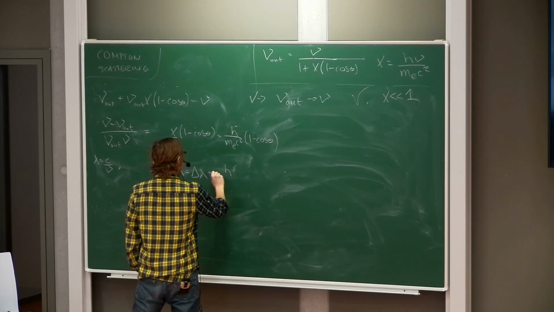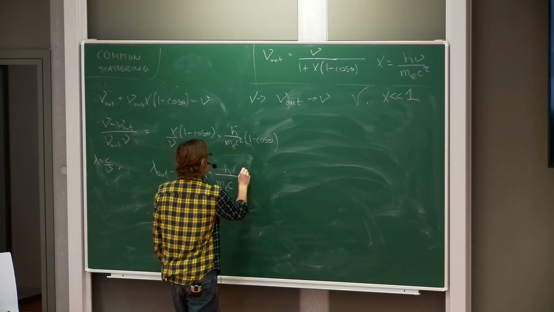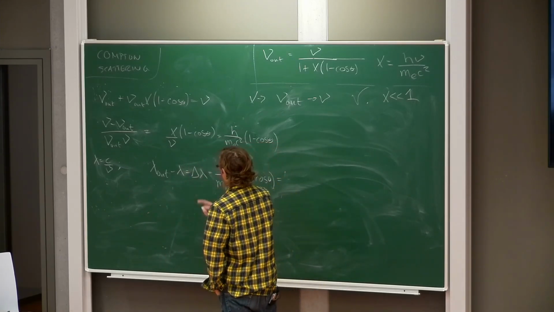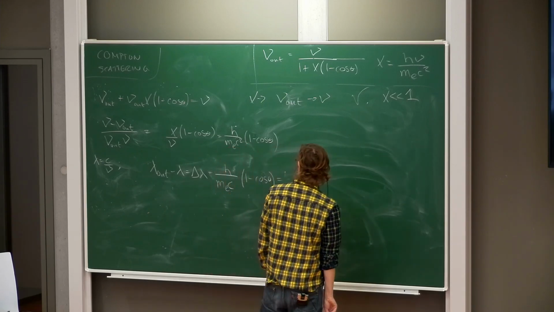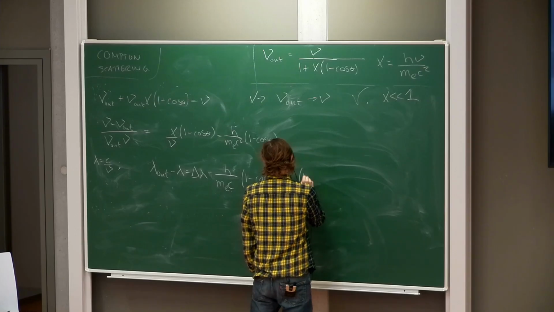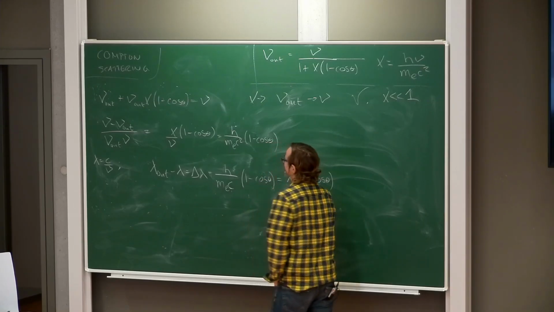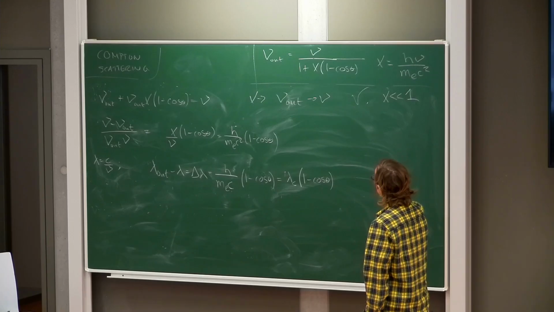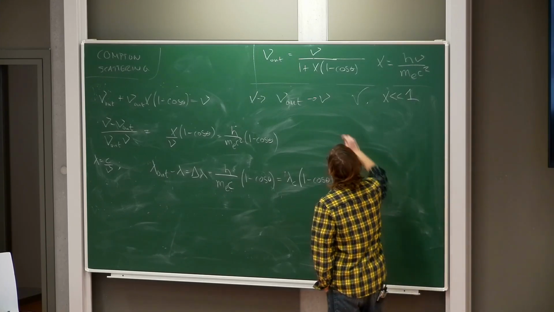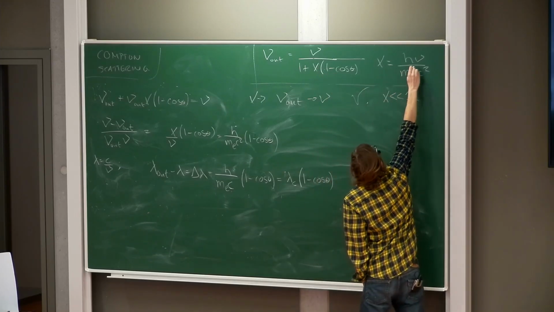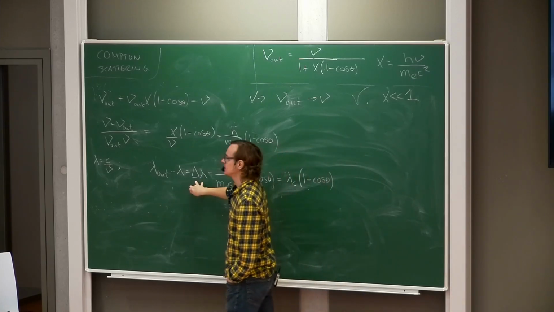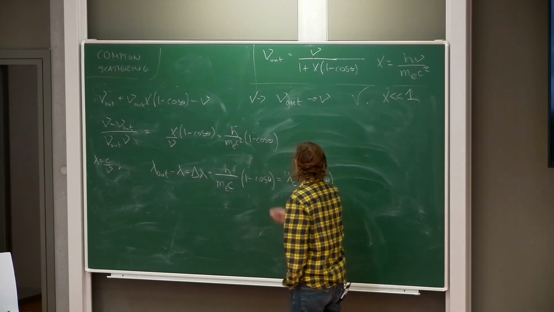It's just going to be h divided by m_e c times 1 minus cosine of theta. So if you put this now in wavelength space, you have a constant shift, which is independent of your incoming. That's not the case for the frequency, because the shift involves the frequency itself. But if you look in wavelength space instead and consider the delta lambda here, you see that this is always a constant.